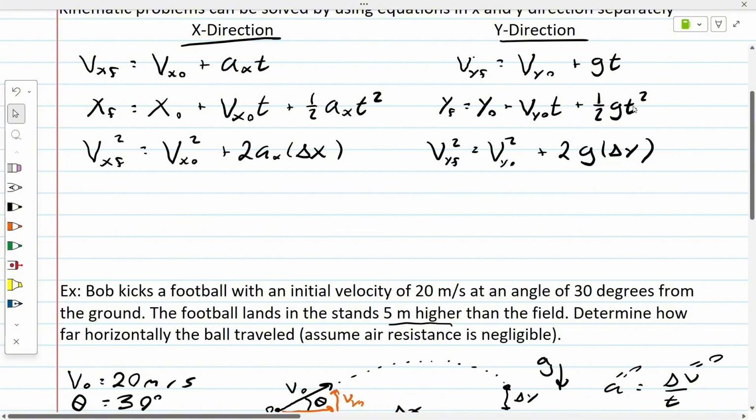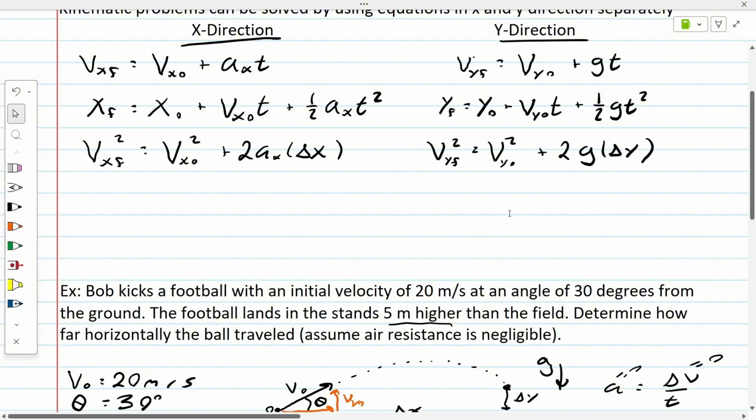This one we could solve for time, but this one doesn't have time at all. So we have a few options. We could either just use this equation and use the quadratic formula, or we could solve for the final velocity using this equation first and then go back and find time using this equation. And that's actually what I'm going to choose to do.